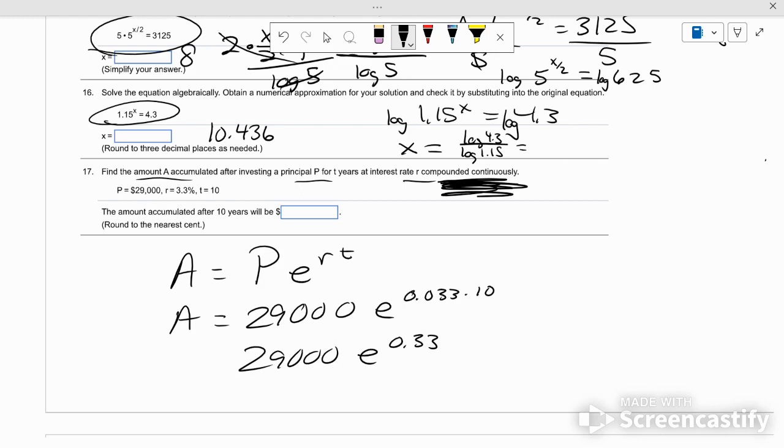So if you do that, how much will you get? I would say it's 40-some thousand. 40,338.08. We get that? Okay.